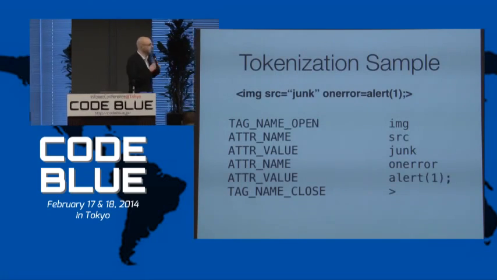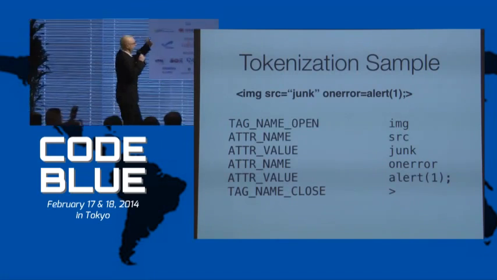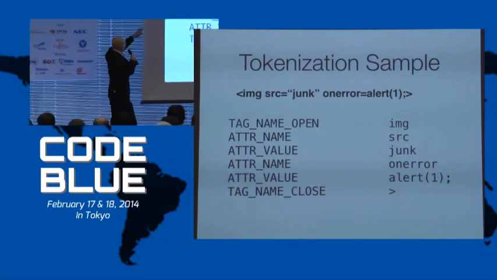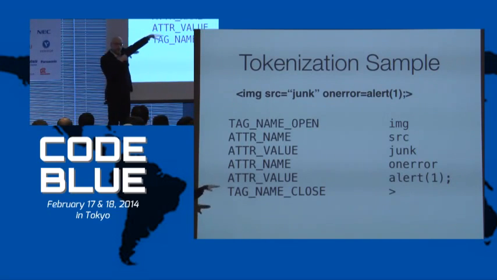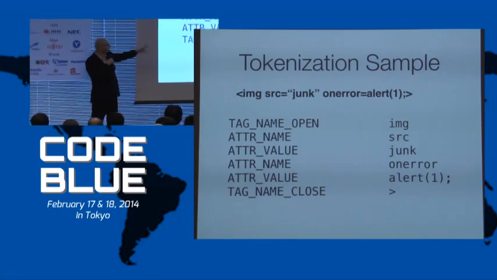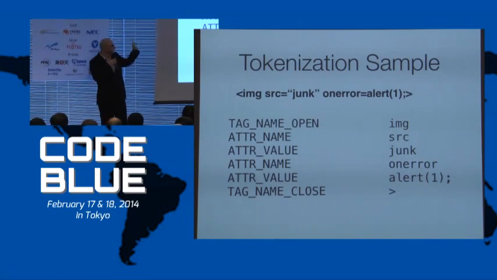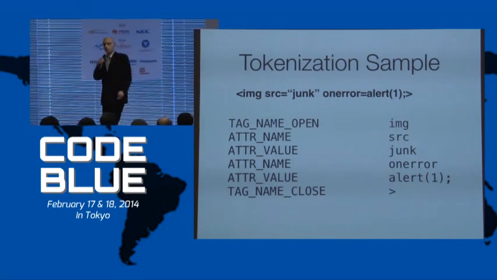Here's a sample of what the output of this tokenization step looks like. Up top you have a tag that comes in, and out come these little things like this. If you've worked with HTML, you'll understand this. It just emits all the different pieces of the input.